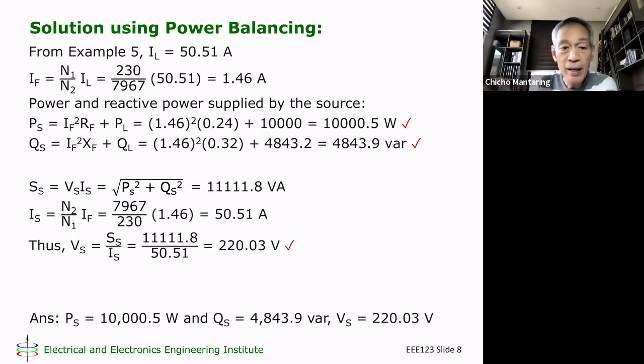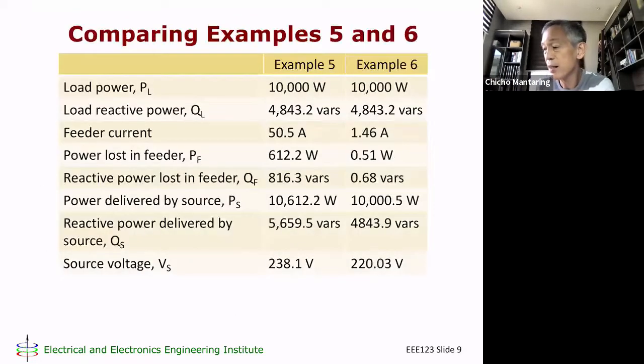Okay, let me compare example 5 and example 6. So I'm comparing it with respect to load power, the same load power. In other words, the load experiences exactly the same thing in terms of power, reactive power, and of course, load voltage. The load voltage is the same for example 5 and example 6.